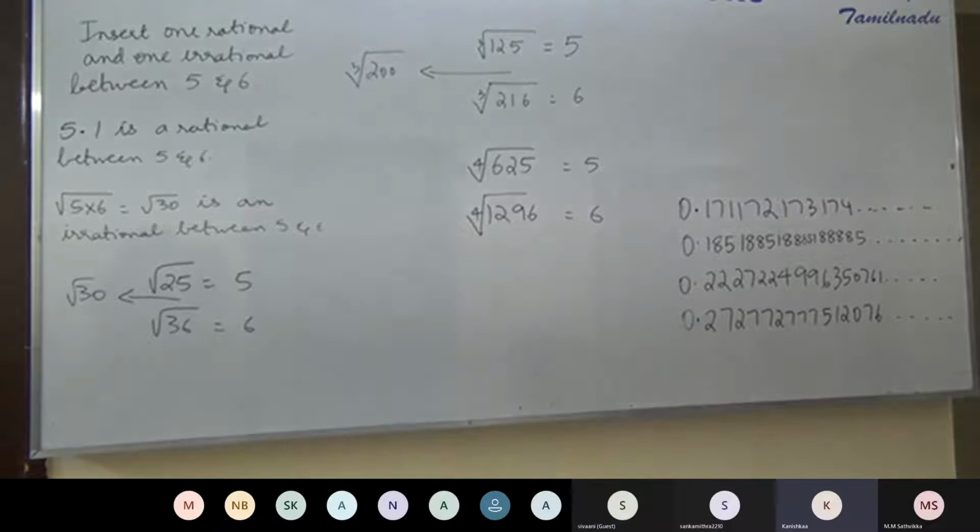Then Deepika: fourth root of 825. Yes, perfect. Ananya: fourth root of 1000. Okay.